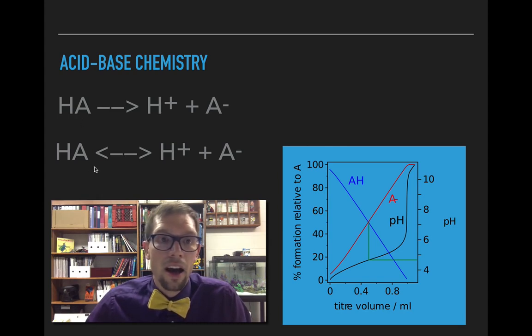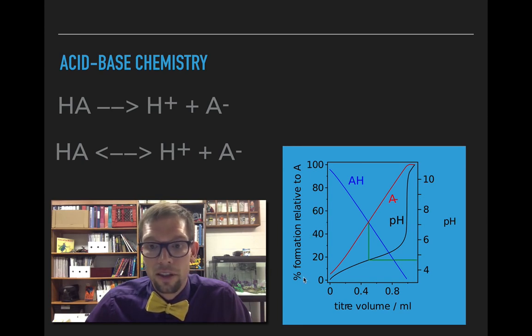A weak acid then is something that's not going to completely dissociate. So you're going to have some of this in solution, but some of it is going to protonate and form this. So you can see that here, if you would have a strong acid, you would have more of a one-to-one formation.